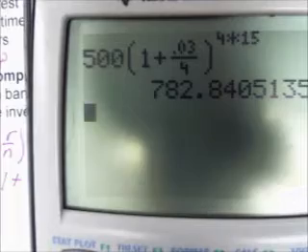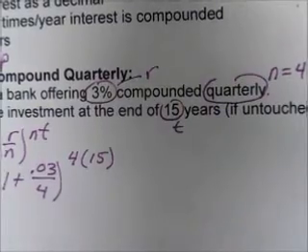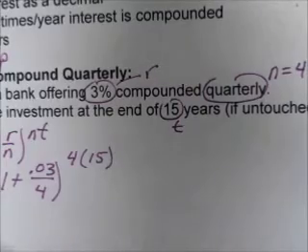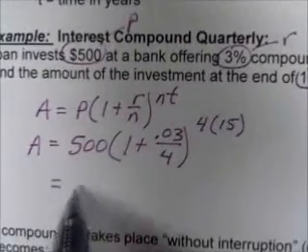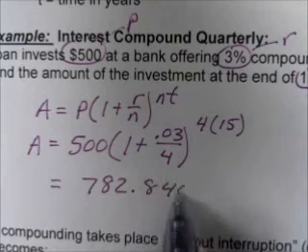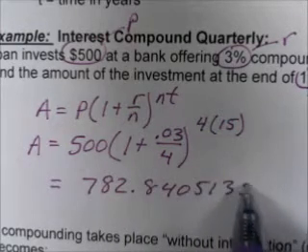I'll write down the entire decimal that appears on the calculator: $782.8405135.